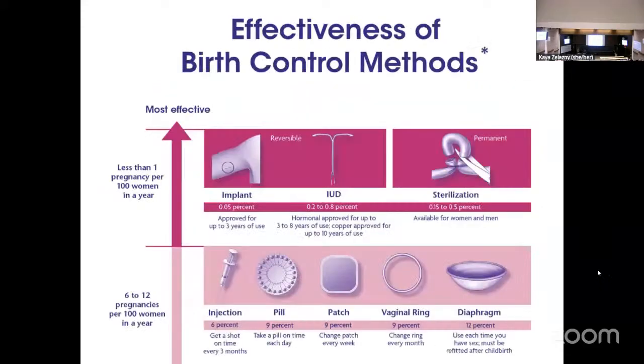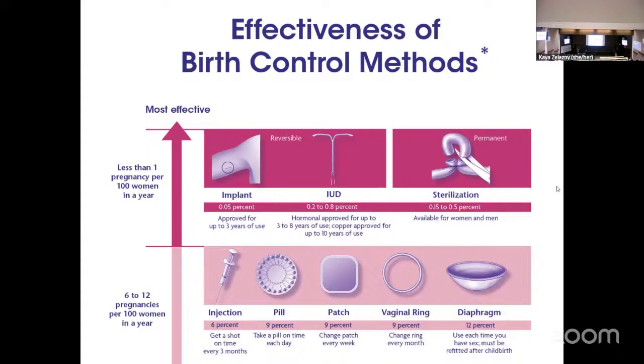We look forward to our more effective and then our most effective forms, which are various hormonal methods, as well as a couple of our barrier methods that are pretty effective. But our most effective methods end up with less than 1 pregnancy per 100 women in a year, pretty good rate. And those ones are going to be either sterilization.